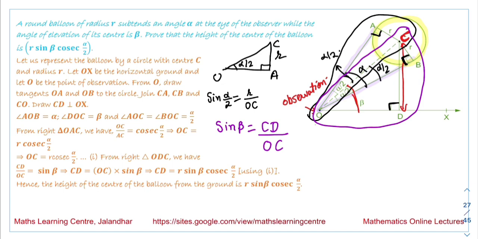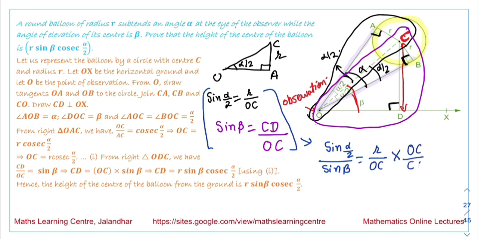Now we want to eliminate this OC from both the equations. To eliminate OC, we divide both these equations and we get sine alpha by 2 over sine beta equal to R over OC into OC over CD. This OC gets cancelled.